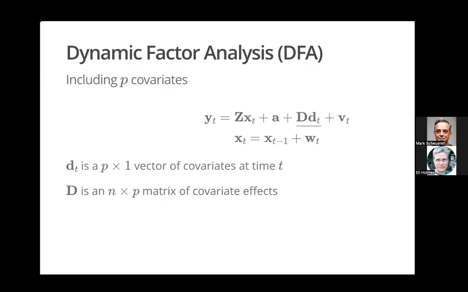And then what's left over is a random bit, some of which is this white noise term, and some is a linear combination of random walks. If you have any suspicion that there is a covariate that will help explain the common patterns you're seeing, absolutely include that in this model.